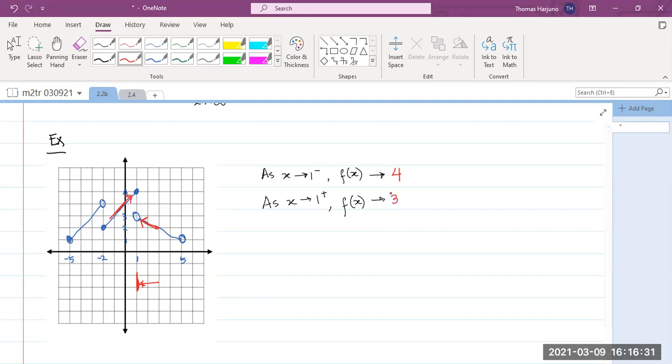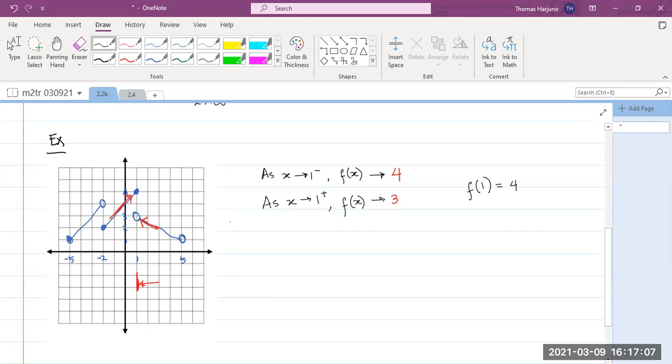Okay. But Thomas, that's an open circle there. That's okay. That open circle simply means that f(1) is not 3. That's all it says. What is f(1) here? f(1) is equal to 4.